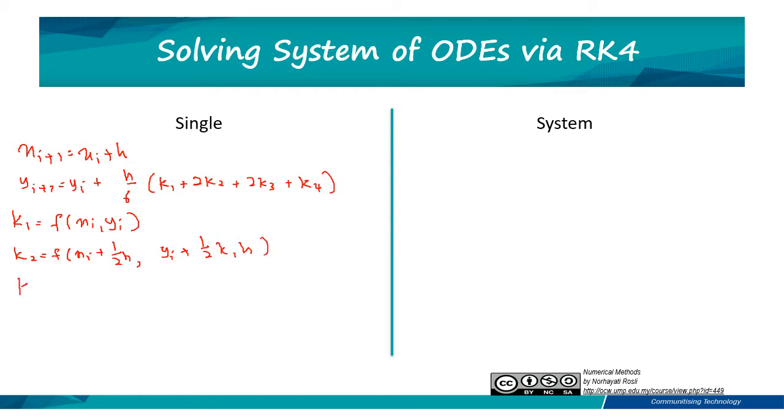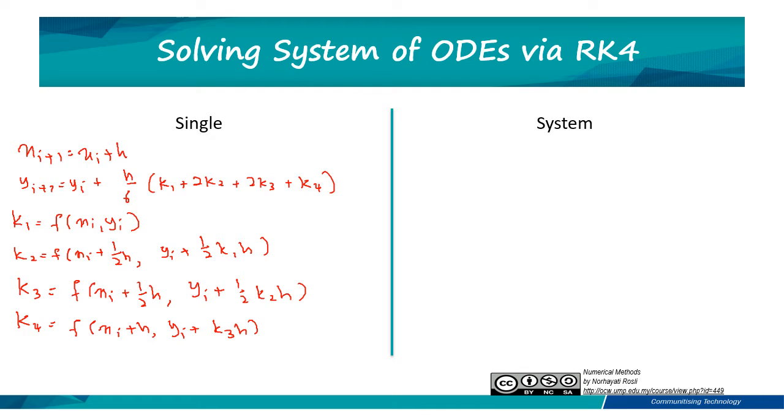And then k3 is equal to f(x_i + h/2, y_i + k2 h/2). And for the last one, k4 is equal to f(x_i + h, y_i + k3 h). So this is the formula for single.